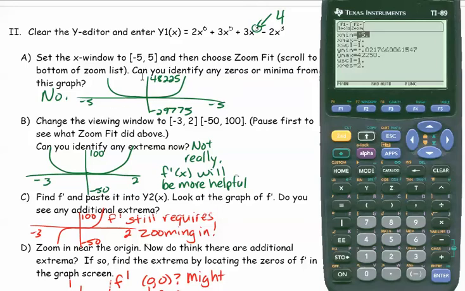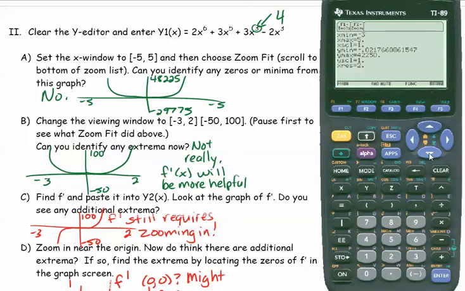So you can see why, if this is 48,000, even a value of 10 or 20 is going to look the same as a Y coordinate of 0. So we've got too big a window here on the Y's, and that's why we cannot tell where we're crossing the axis.